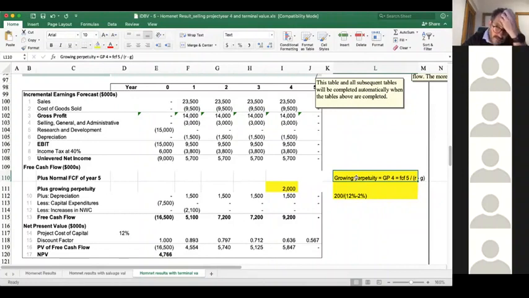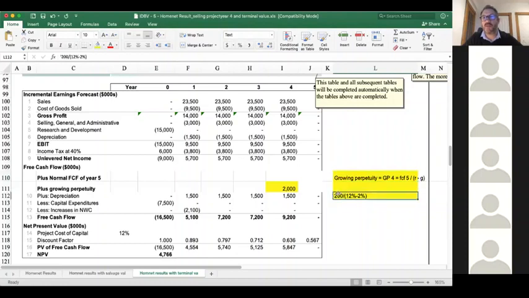But if you say free cash flow year 5 times 1 plus G divided by R minus G, it means that the first cash flow you consider is the free cash flow of year 6, because you consider that the free cash flow of year 6 will be free cash flow of year 5 times 1 plus G. In this case, it's a little bit simplified because we want to calculate the growing perpetuity in year 4, and the free cash flow in year 5 already includes the 1 plus G when I provide the 200, because it's already the free cash flow year 5 which is provided. So you can just do 200 divided by R minus G to find the growing perpetuity year 4.